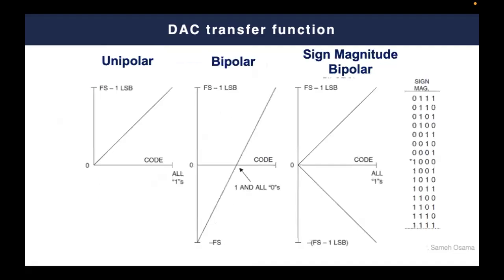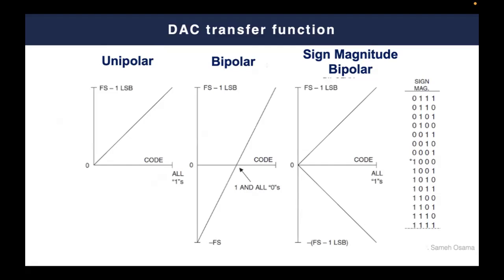But here we have a more detailed description when we consider the bipolar representation, as we have two types. The unipolar is still the same definition, with a variation from 0 to full scale minus 1, which corresponds to three ones when you have a 3-bit DAC as an input, and the output will be full scale range minus 1.